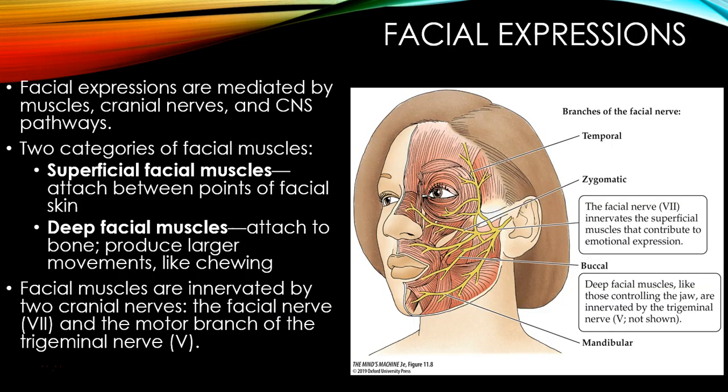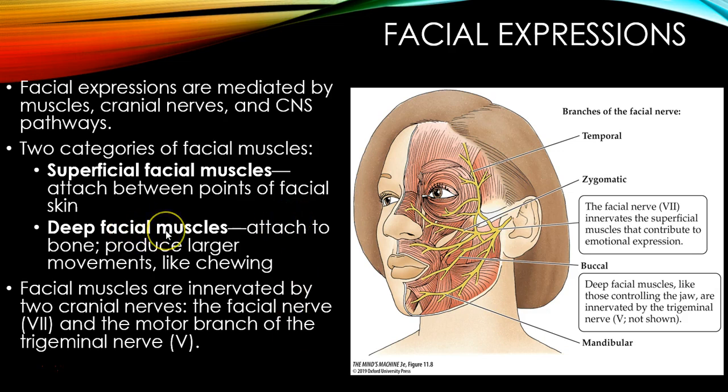How do we make facial expressions? They're mediated by muscles, cranial nerves, and different pathways in the central nervous system. We have two categories of facial muscles. There's the superficial facial muscles. Those attach between points of facial skin and allow us to make different facial expressions, things like smiles and moving our face a little bit to create the facial expressions.